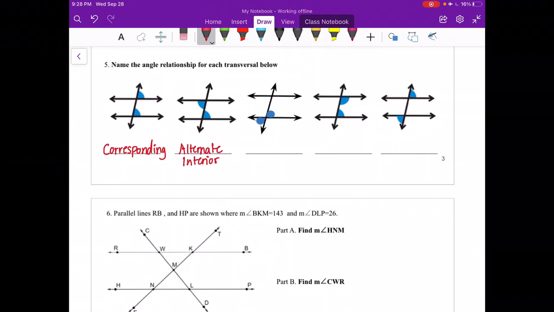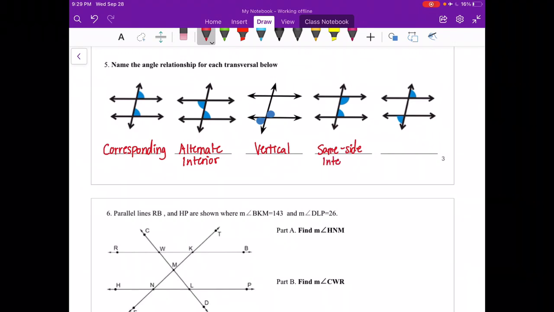If we look closely at the next set of angles, these two angles are directly across from each other, making them vertical angles. Our fourth set of angles are two angles that are on the same side of the transversal and are inside the parallel lines, making them same side or consecutive interior angles.